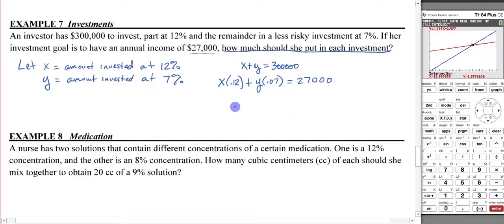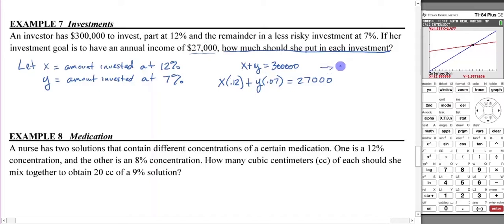Okay, now we can go ahead and get to the business of solving this. It's up to you how you do it. You can do it algebraically, or you can do it with the graphing calculator. I'm going to do it here with the graphing calculator just to help you get a little bit more practice in how to work the different things on your calculator.